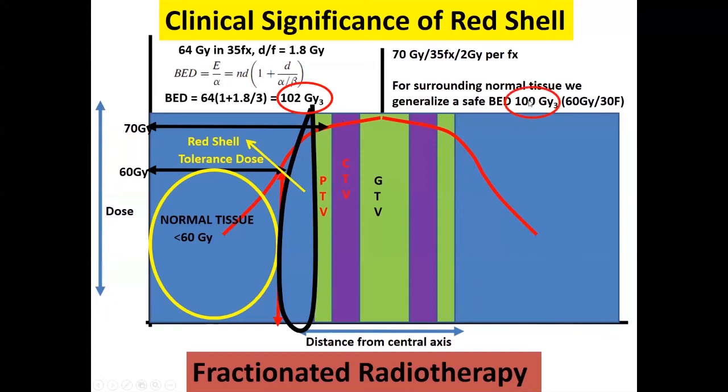It is not much higher than the safe BED. So we can say that in fractionated radiotherapy, red shell is there, but the dose which this red shell receives in terms of biological effective dose is almost similar, not very different from safe BED of 100 gray.